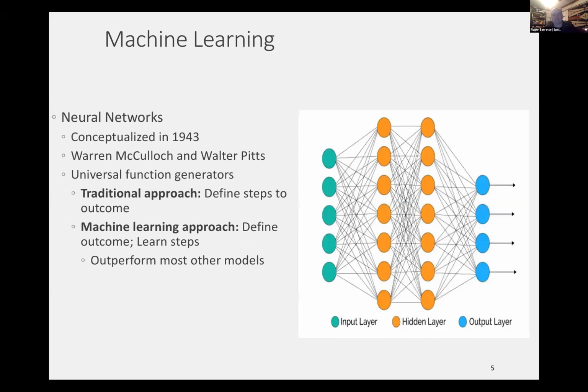And so this is where machine learning comes in. The particular area of machine learning, because it's actually a very broad field, that we were interested in leveraging was neural networks. These were conceptualized back in 1943, originally by Warren McCulloch and Walter Pitts. So these have been around for quite a while, but it's only been recently that we've really been able to leverage these technologies, given the expansion of computational power through devices such as GPUs, which are able to perform extensive parallel math.